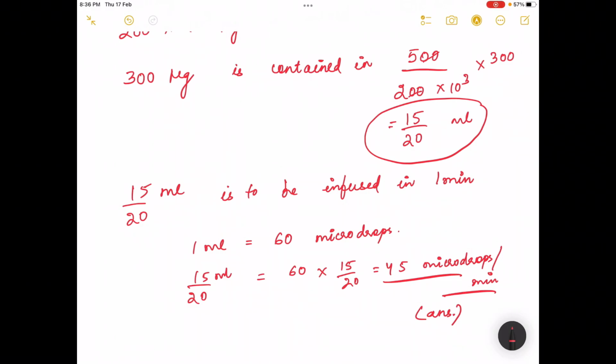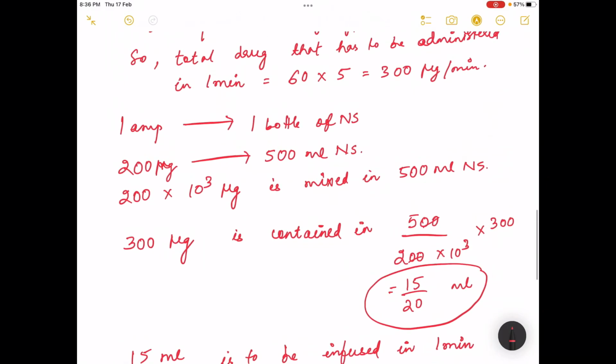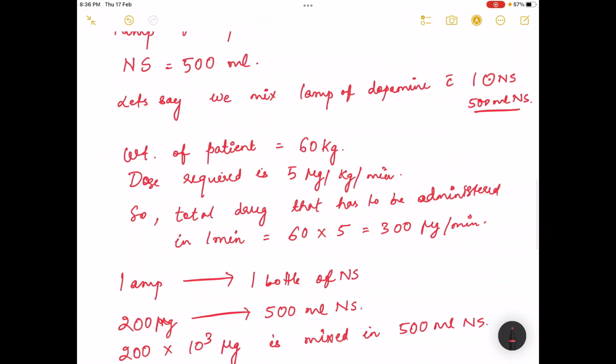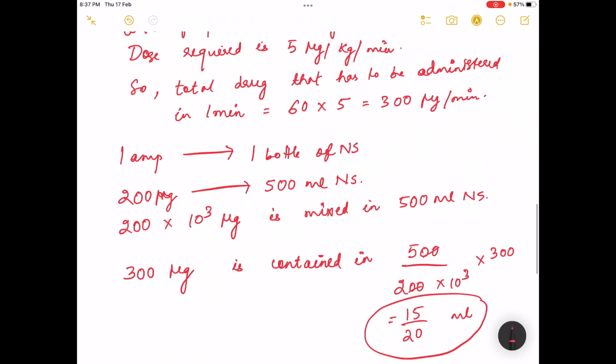Okay, pure unitary method of calculation. First you need to calculate the dose required, that is 5 microgram per kg per minute into 60 kg, that is 300 microgram per minute. Next thing we have to remember, 1 ampule is mixed in 1 bottle of NS, that is 200 milligram is mixed in 500 ml of NS. So we convert 200 milligram to microgram, we multiply 10 to the power 3 there.